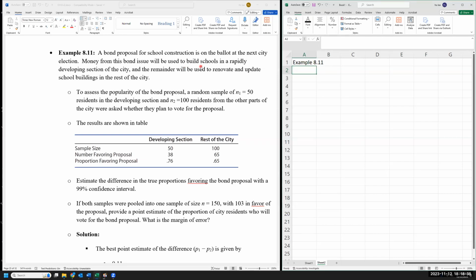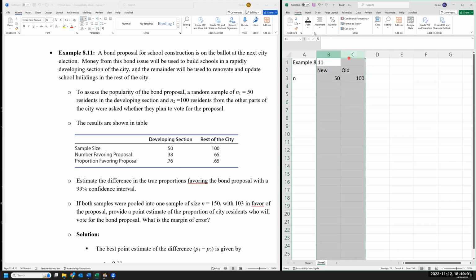To assess the popularity of the bond proposal, a random sample of 50 residents from the new area and 100 residents from the older areas are sampled. So, we'll say new area and old area. New area, they got 50, and old area, they got 100.